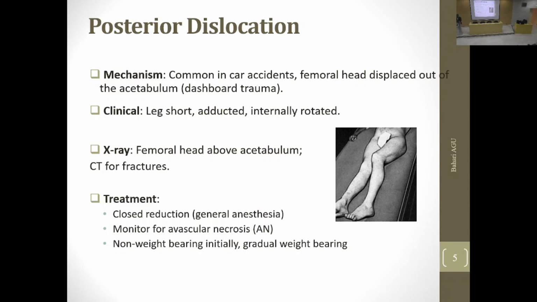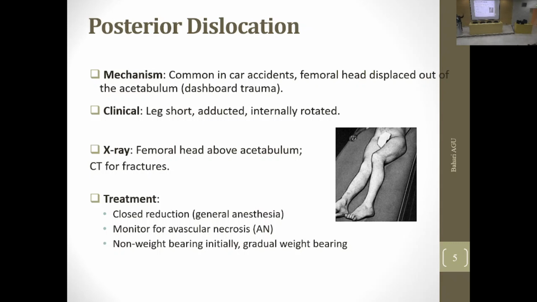We give muscle relaxant and anesthesia, and then we put the patient on the ground. Someone will hold the pelvis and the other one is going to flex the hip and the knee and pull in the same direction until it is reduced, and then you check under image control that the head goes back to its place within the acetabulum.